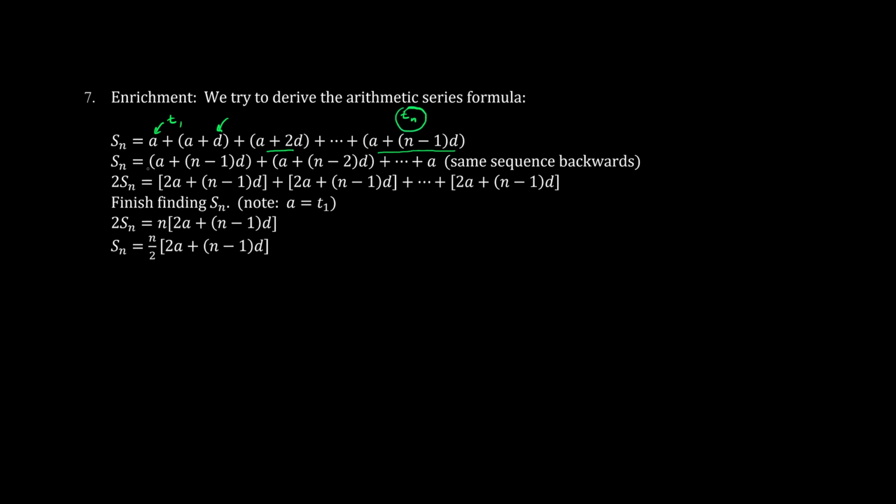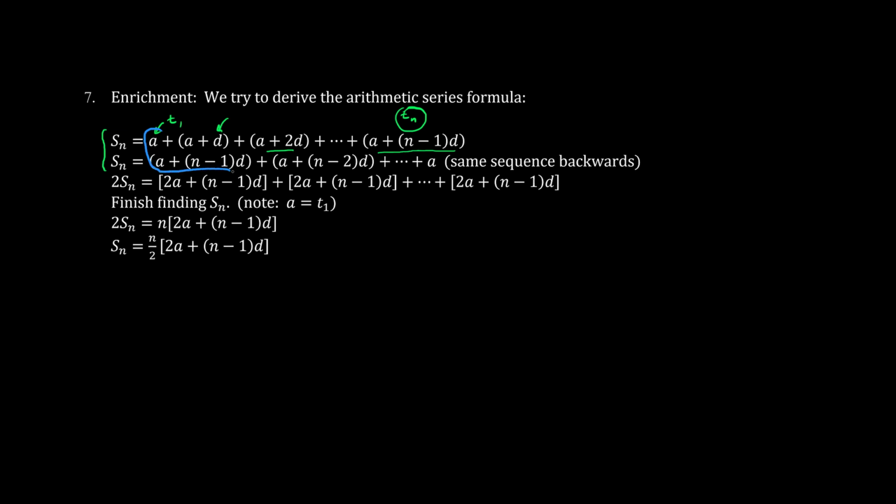Let's write out this list backwards. So starting from the end and going to the beginning, same sequence backwards. Now we're going to add these two series vertically. Sn plus Sn is 2Sn, the equal sign remains, and A plus A is 2A. And we're going to add in a diagonal pattern.